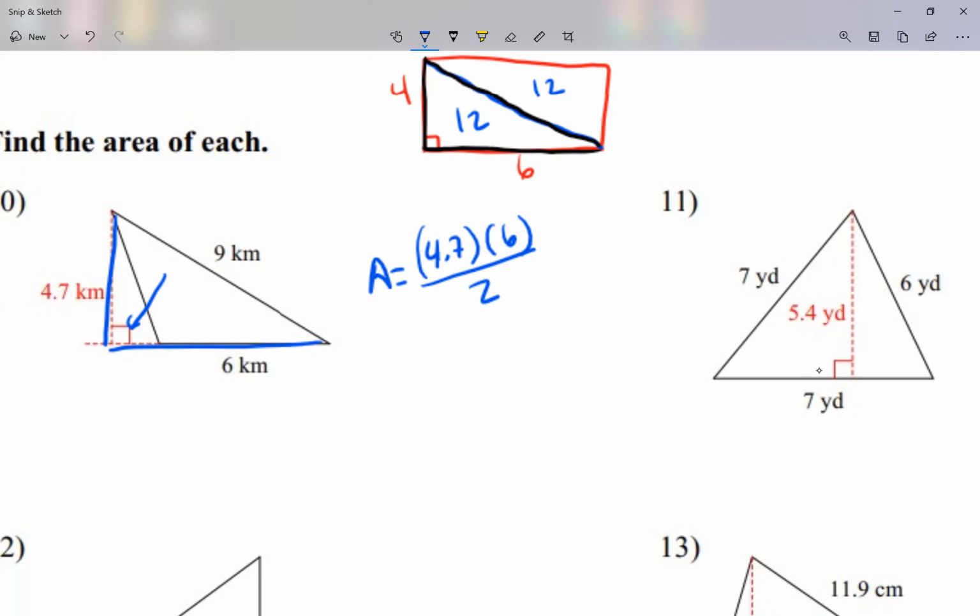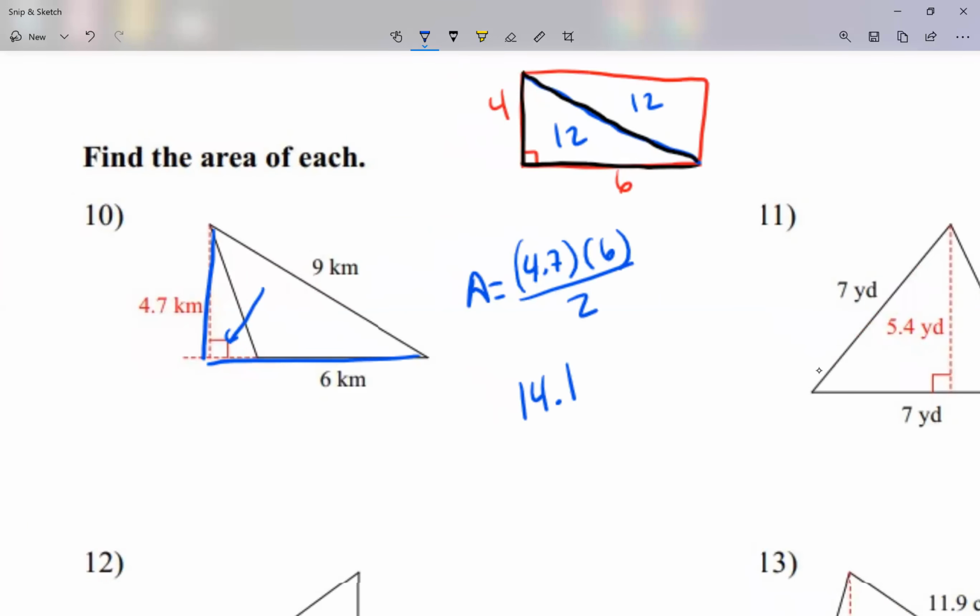So I'm going to my calculator: 4.7 times 6 divided by 2. My answer in this case is 14.1. I look at my instructions: find the area of each. It doesn't say anything about rounding, so whatever I get, as many decimal places as I get, I'm just going to leave them there.